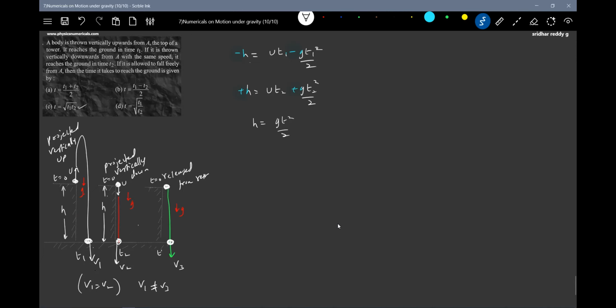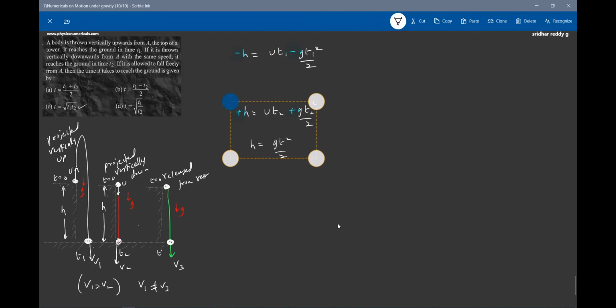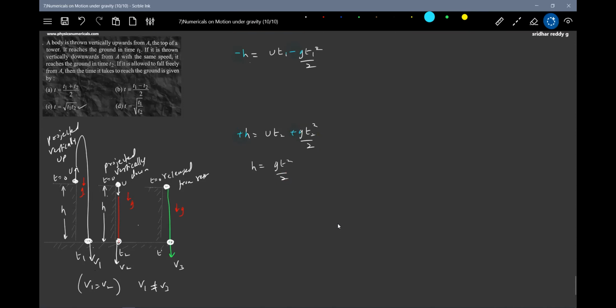We have to just solve. We have to search a condition. We'll try to simplify this. So this will be this equation. I can rewrite it as, T1, T2, all they are needed.